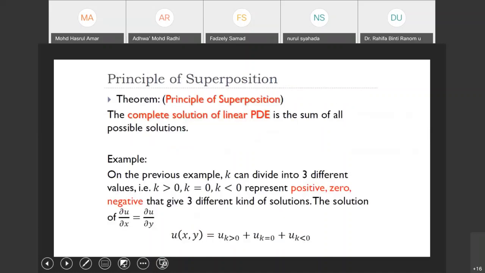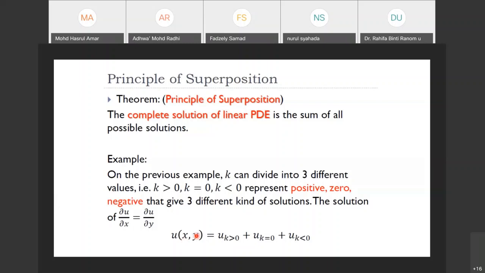Then principle of superposition, it says that the complete solution of linear PDE is the sum of all solutions, all possible solutions. Alright, remember tadi kita ada solution when k greater than 0, k equal to 0 and k less than 0, represent k positive, k 0 and k negative.